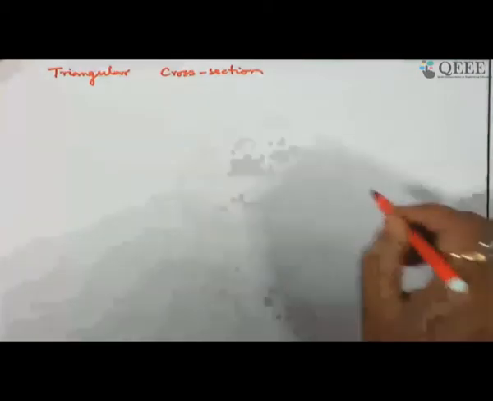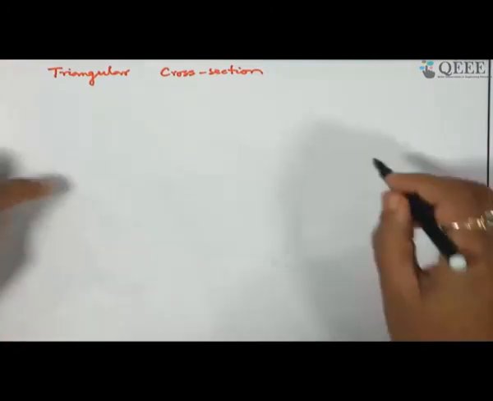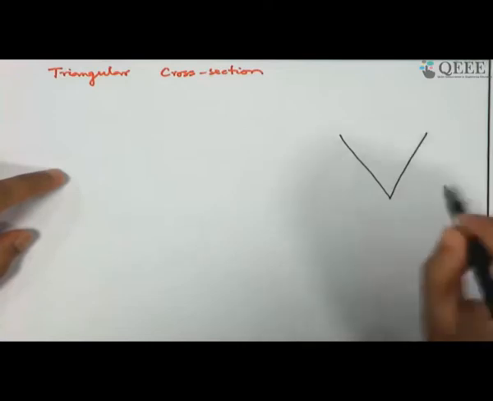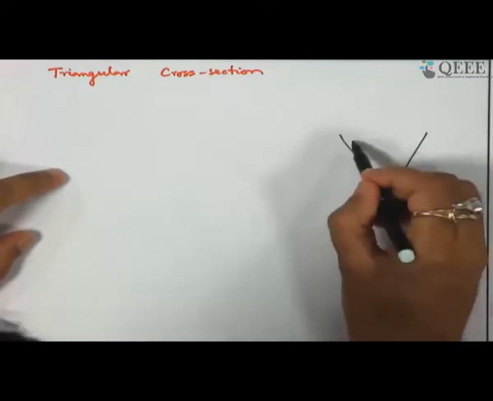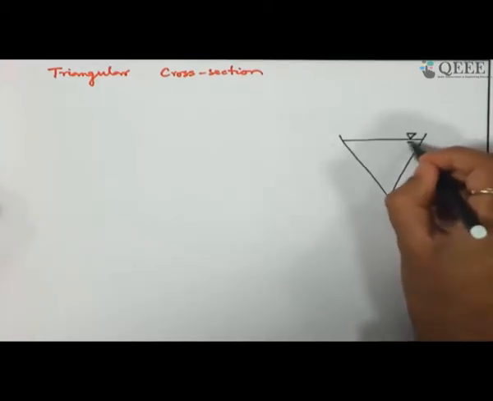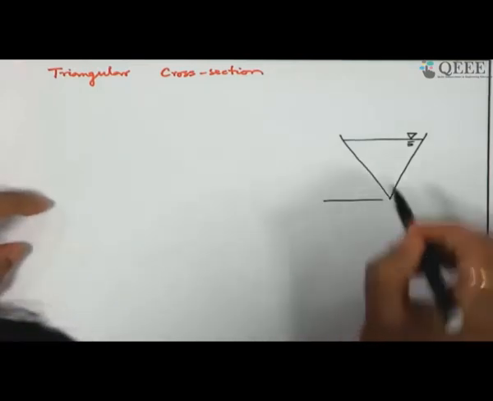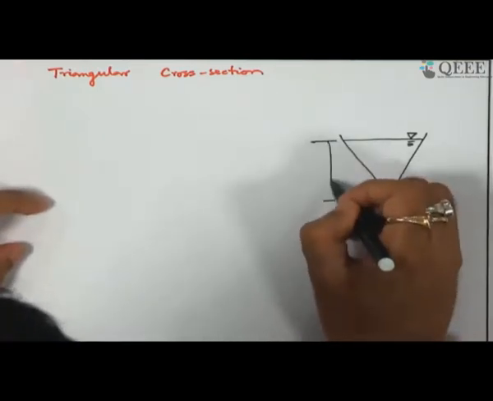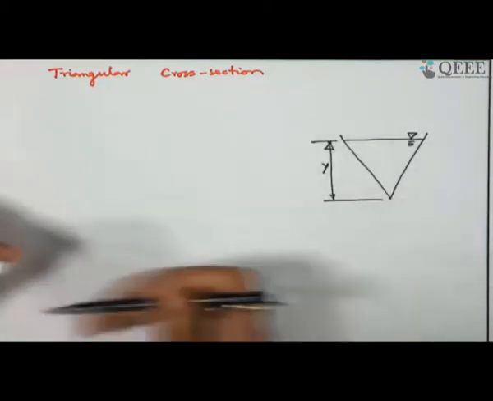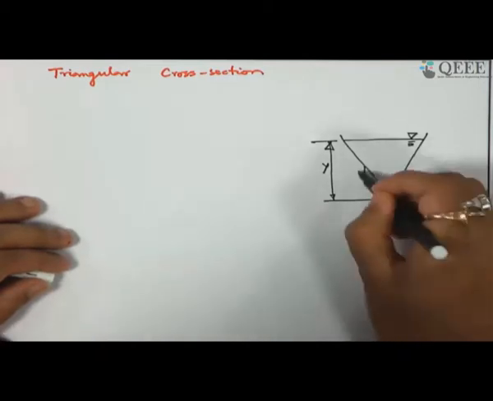If we have a triangular cross section, let us say this is the free surface and this is the total depth of flow y, and we have different slopes.